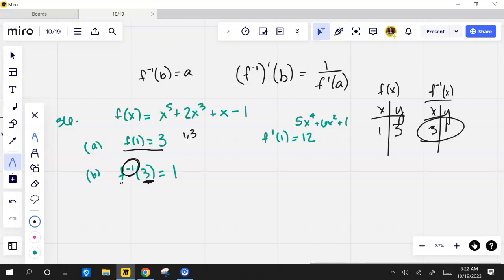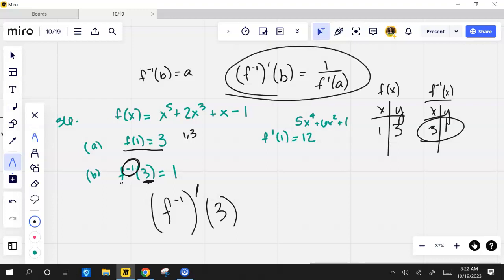Then the second one says the inverse of the derivative at 3. So think about this.